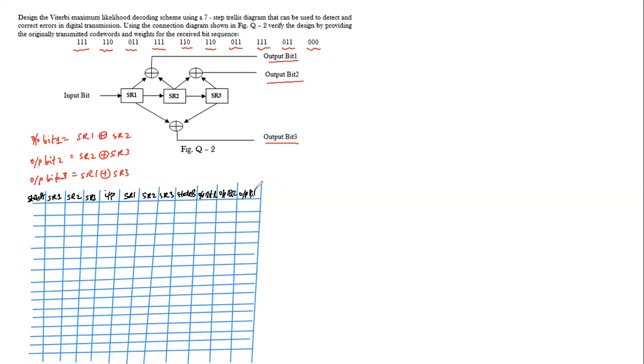Okay. So we already know that we have 16 possible code words. So let us do something here. Now let's assume we have about 16 possible code words. That will start from 0.